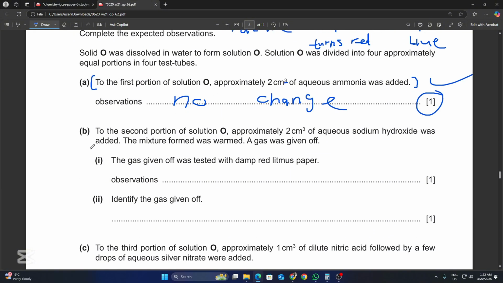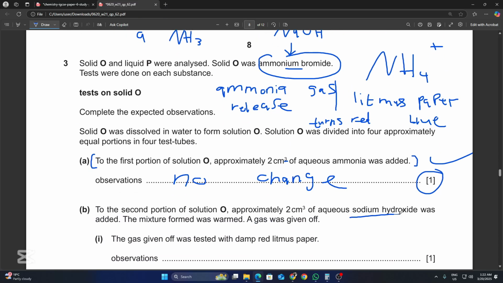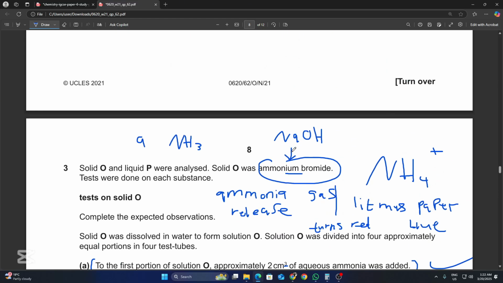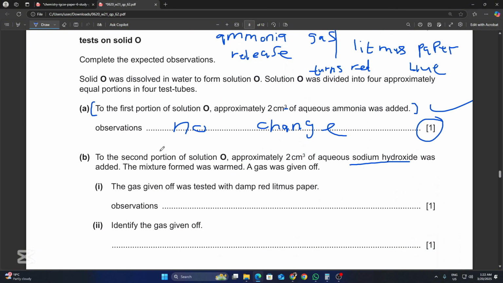Okay, so now we have, to the second portion of solution O, approximately 2 cm3 of aqueous sodium hydroxide was added. The mixture was warmed. A gas was given off. Now it says sodium hydroxide, and when we add sodium hydroxide to ammonium, we said ammonia will be released. Now it wants the observation, so obviously the gas will not come up and say, hey, I am ammonia and I just got released.